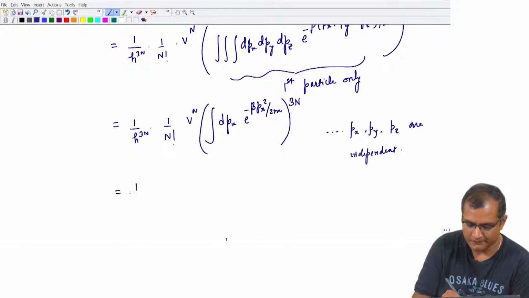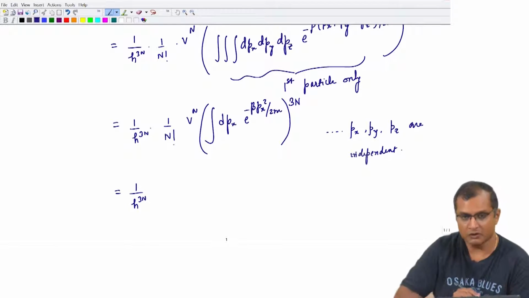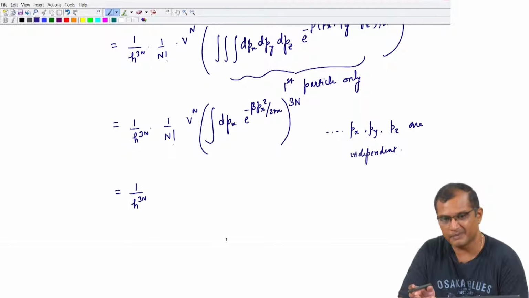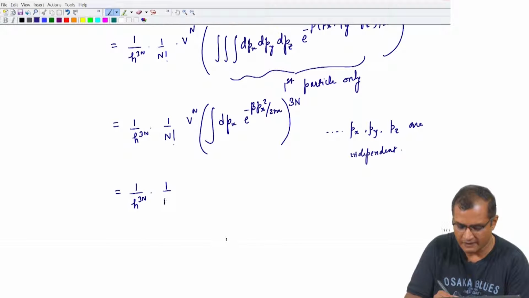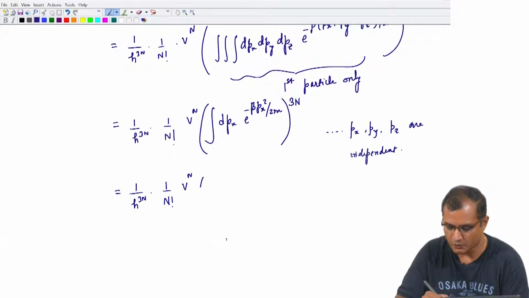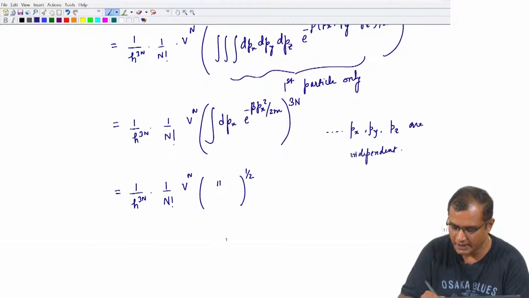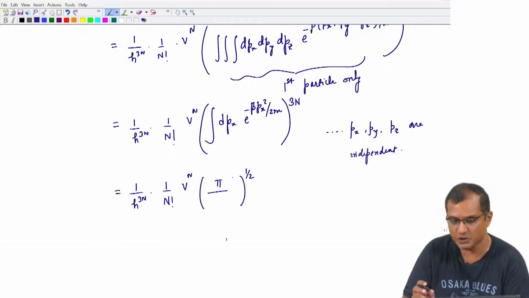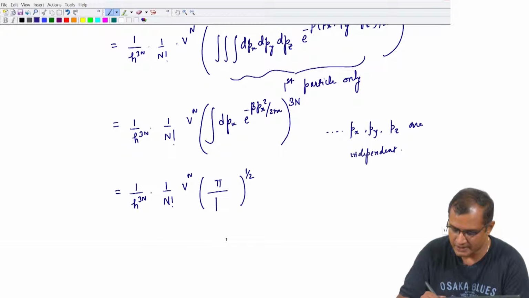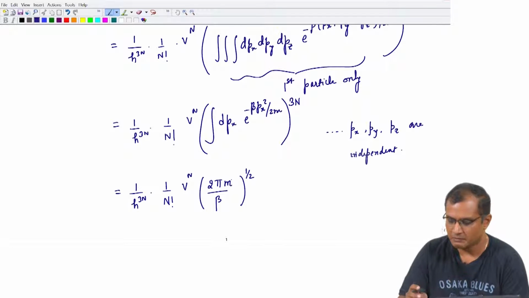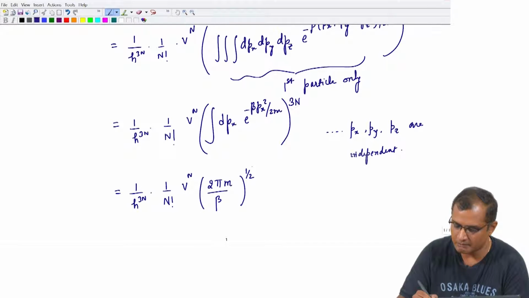which is just square root of pi by a, a being the prefactor of px square. So, I can write this as V to the power n, square root of pi by a, a being the prefactor of px square. So, I just have a beta here and 2 pi m, but this entire thing is raised to the power 3n by 2.